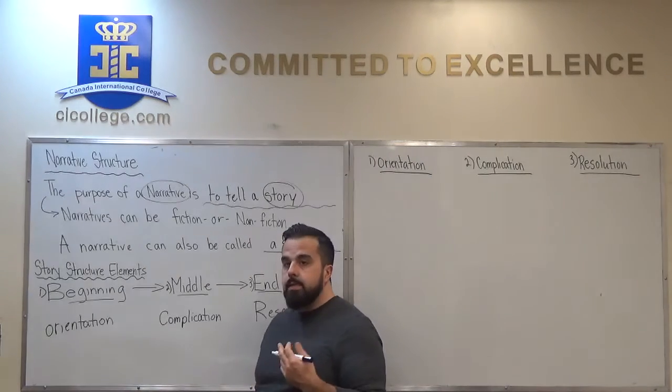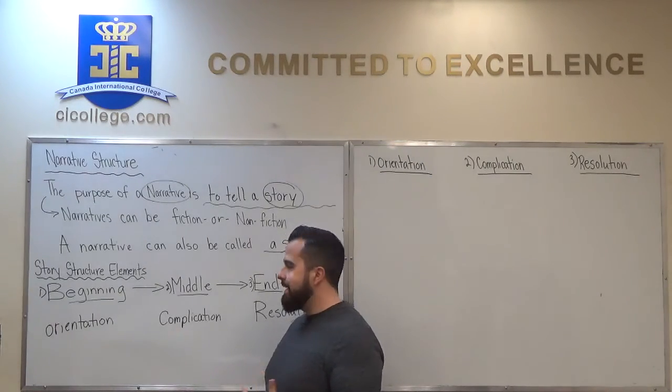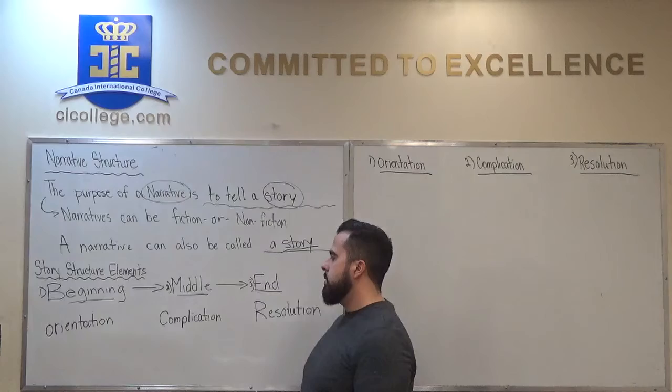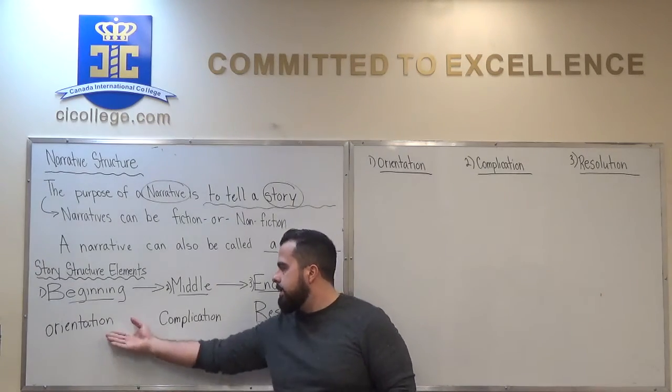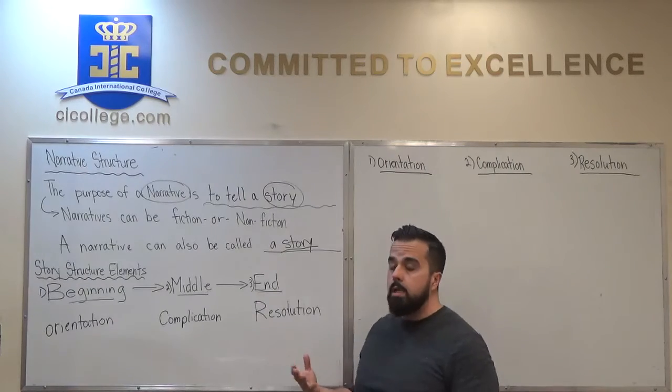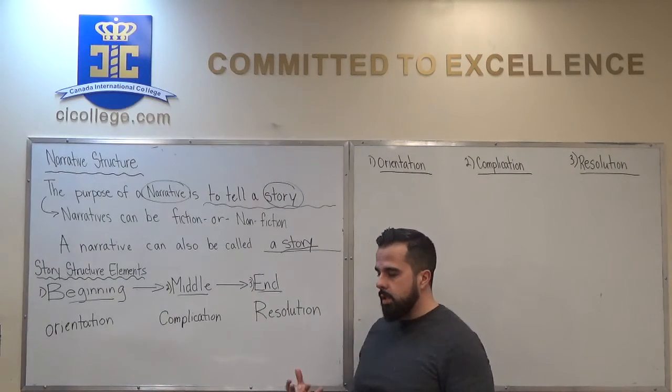So, we can take the idea of beginning, middle, end and make it more advanced and use the terms orientation, complication, and resolution to show how a narrative structure works.